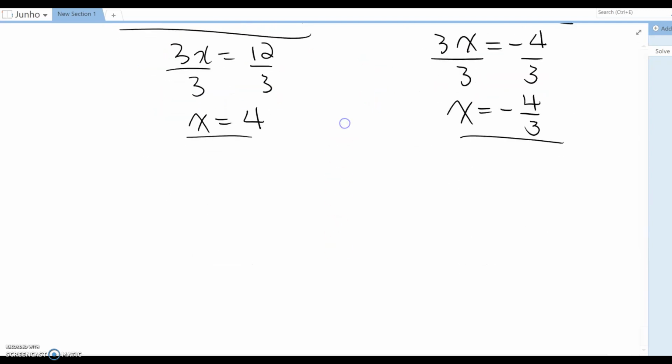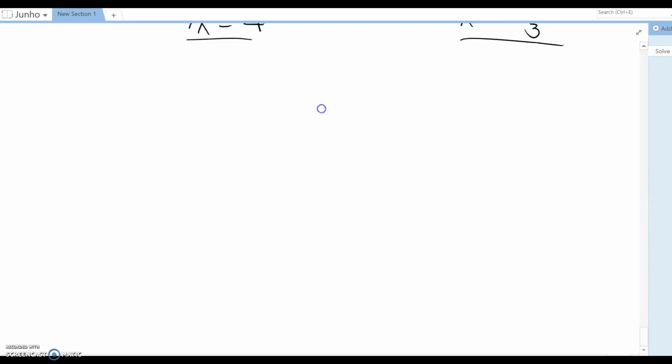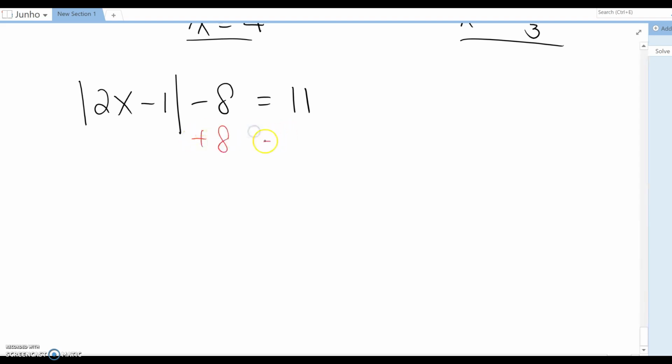Then another question. Absolute 2x minus 1 minus 8 equal to 11. Yes, first we isolate the absolute value alone, so we just add 8 on both sides, then absolute 2x minus 1 equal to 19.